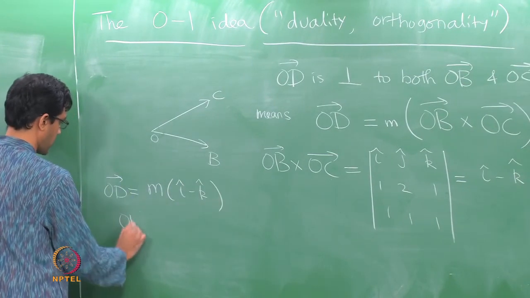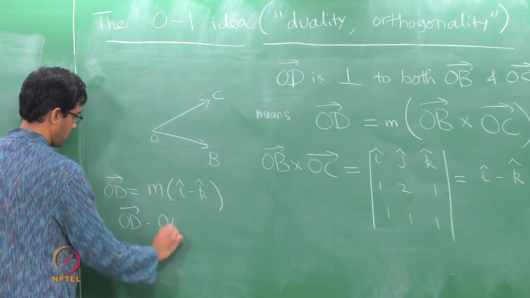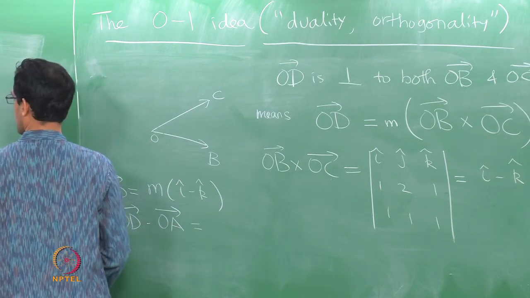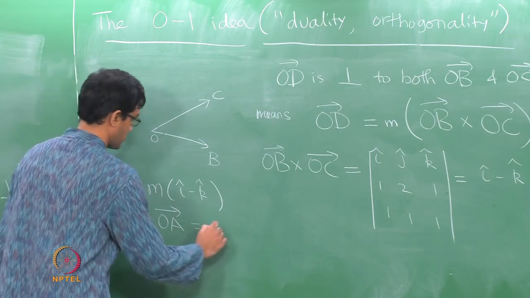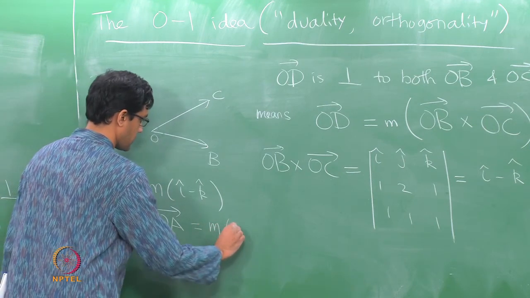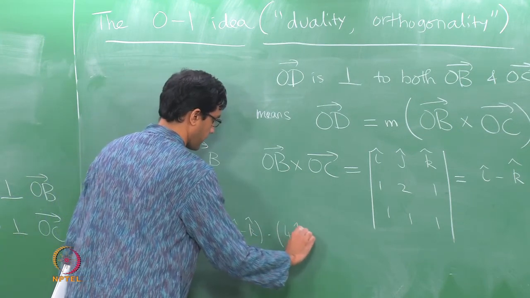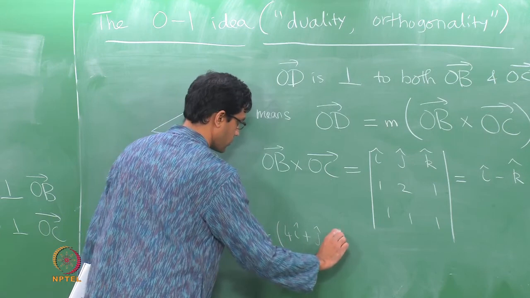So I will compute its dot product with OA, and well, what is the answer? Let us do this. OA is 4 1 2, right. So I have m times i minus k dot product with 4 1 2.